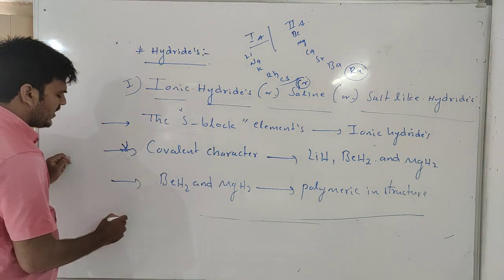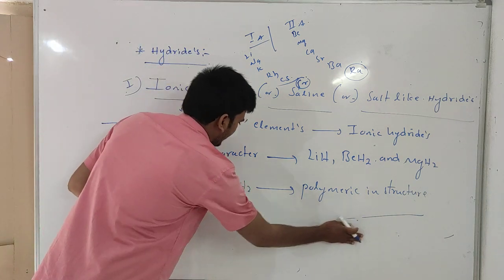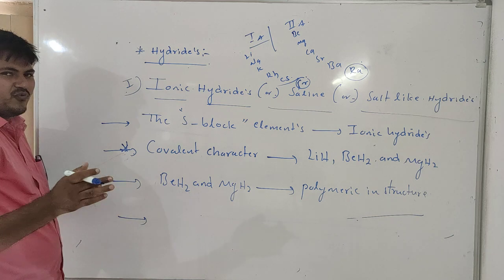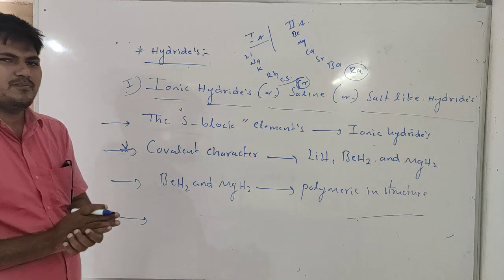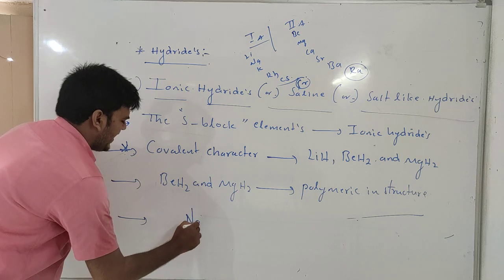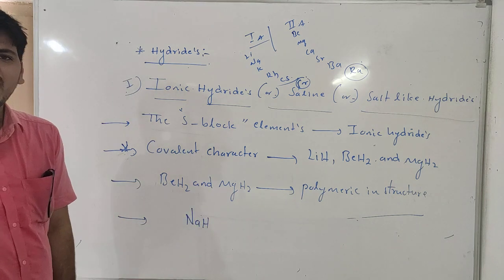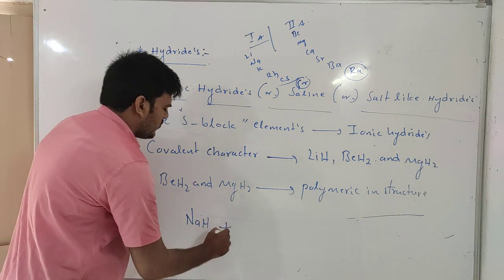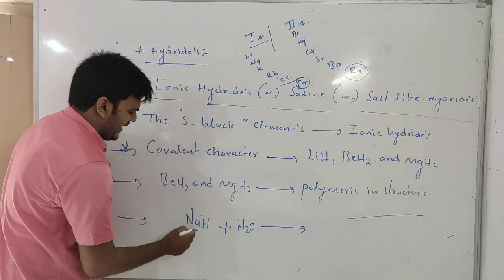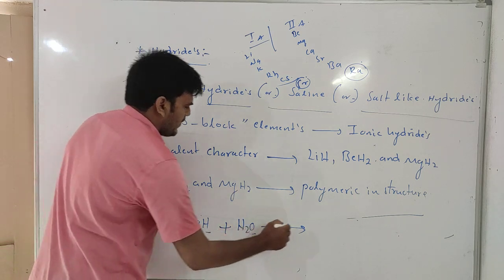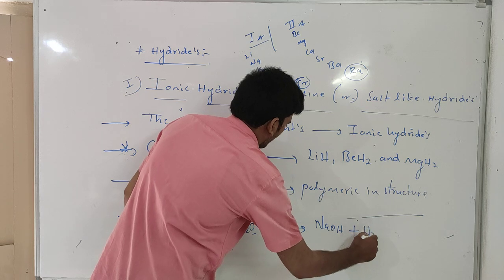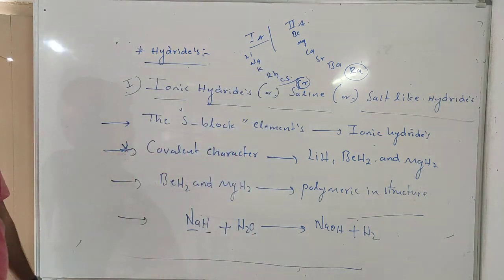And next, most important point, ionic hydrides dissolve in water to form basic solution and hydrogen gas. For example, sodium hydride NaH, one of the ionic hydrides, plus water H2O gives NaOH, sodium hydroxide, a base, plus hydrogen gas H2.